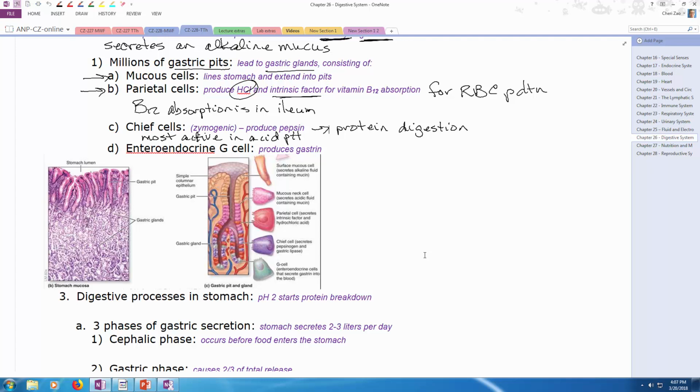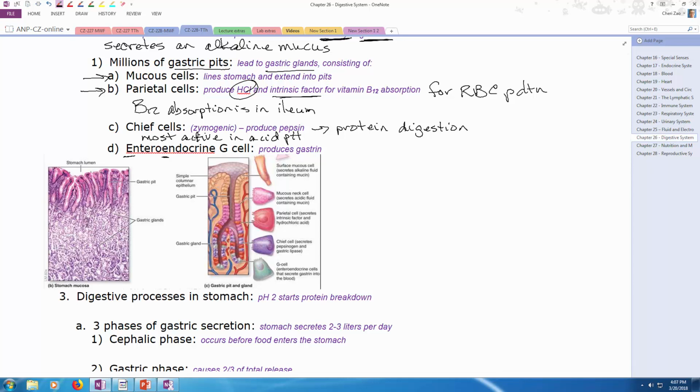Then as we go further on down, you can find the enteroendocrine. So entero is gut, and endocrine, which means that this is a hormone that we're producing, right? Enteroendocrine.